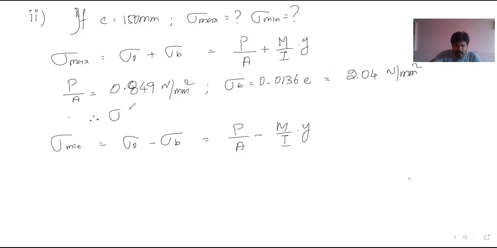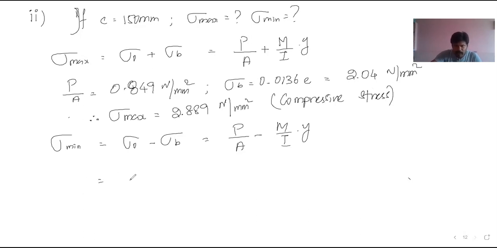Therefore, sigma max is equal to 0.849 plus 2.04. If I add these two values, I get 2.889 Newton per mm square. This is positive, so this value denotes compressive stress.